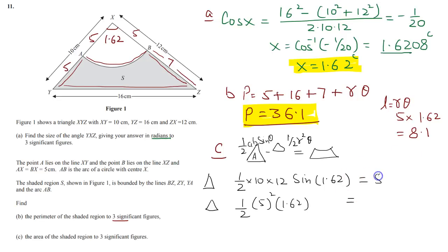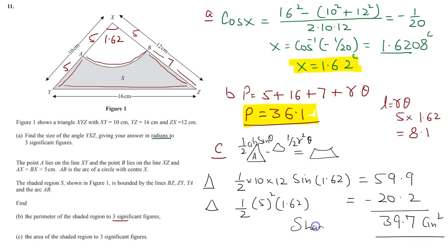So this is 59.9 and this is 20.2. You subtract it, so your answer will be 39.7 centimeter square. So that is the area of shaded part.